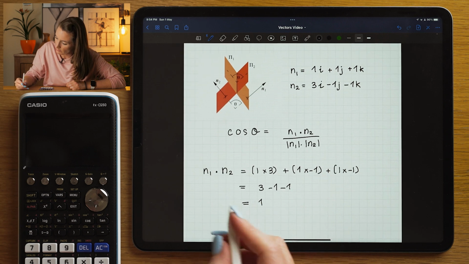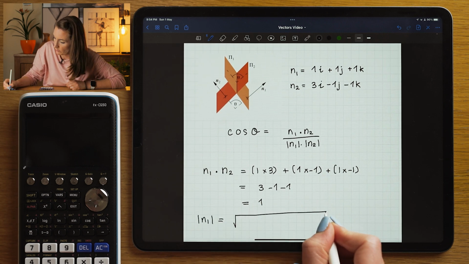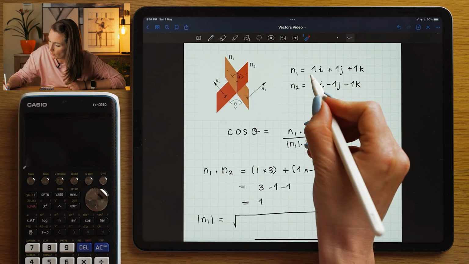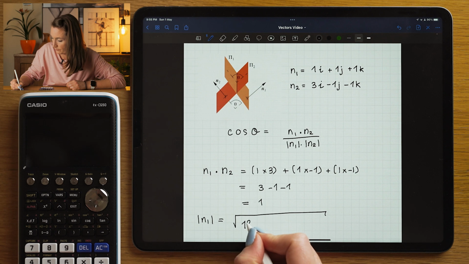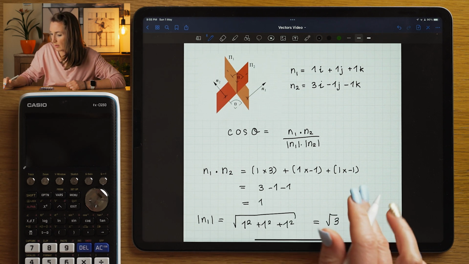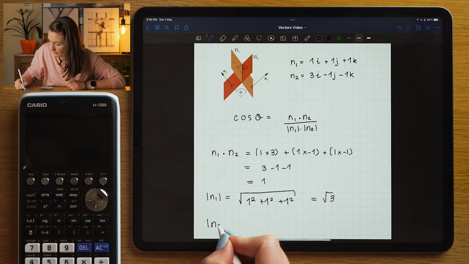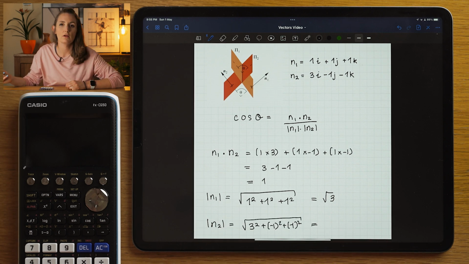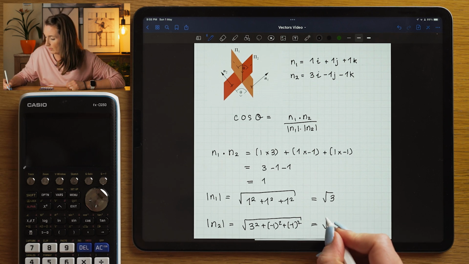If we look at the magnitude of n1, it's going to be the square root of 1 squared plus 1 squared plus 1 squared. So that's going to be square root 3. And we're going to repeat that process for the magnitude of n2. If you're a little lost on how to find the angle between the vectors, check out my video on that.